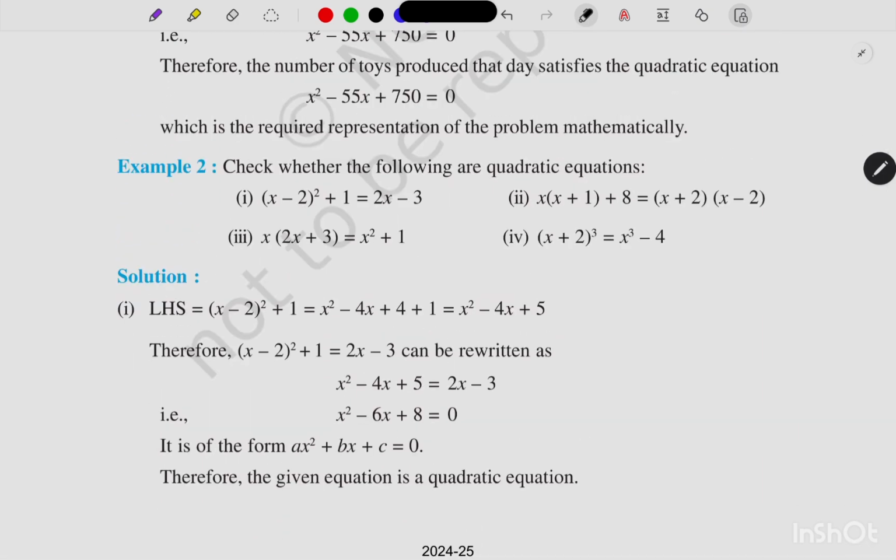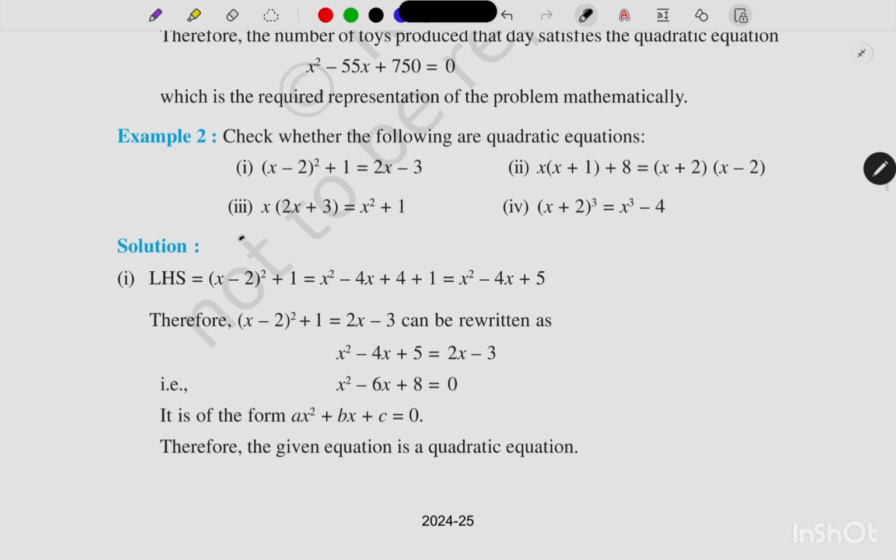Example 2, check whether the following are quadratic equations. So we need to check if these are quadratic equations. Now the best way to do this is to just simplify. So x minus 2 the whole square will be x square minus 4x plus 4. Check some videos on identities, because this is a minus b the whole square.